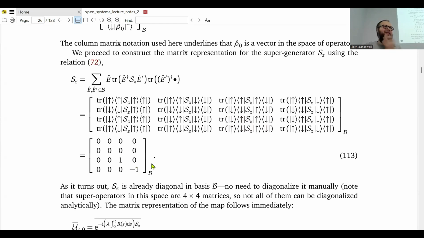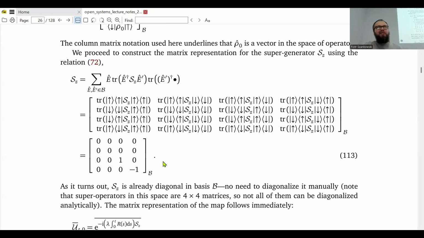Okay, so this is a matrix of our SZ, and as it turns out, this basis is already diagonal, so we don't have to diagonalize it manually. The basis we just chose as a default turned out to be the best choice, because this is the basis that everything is diagonal in.